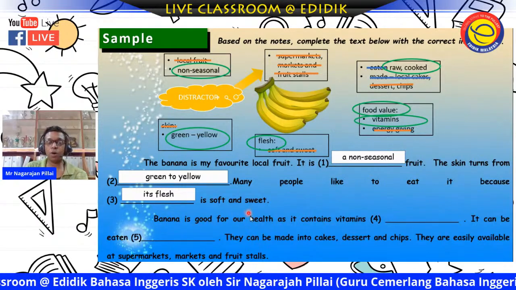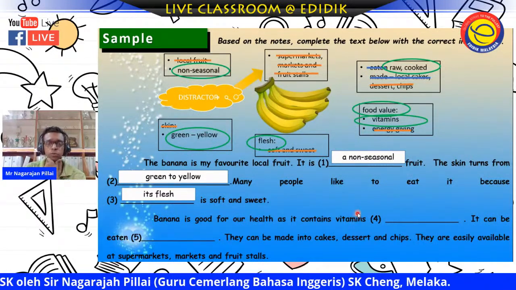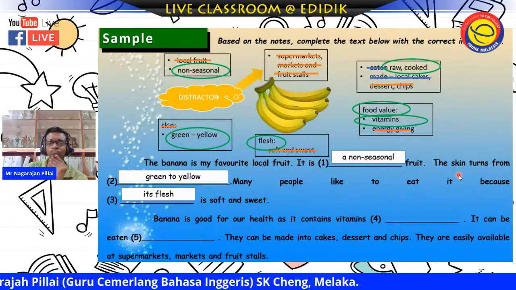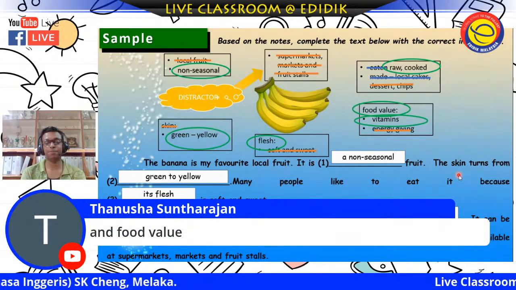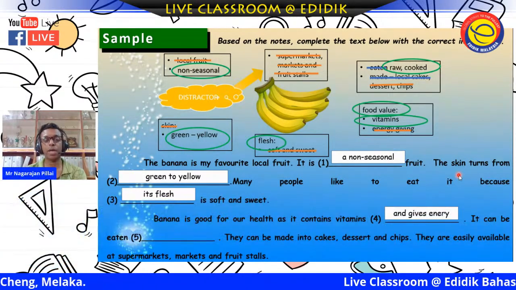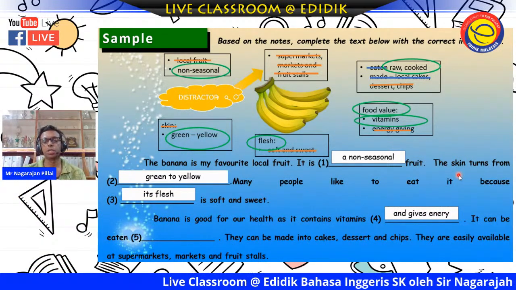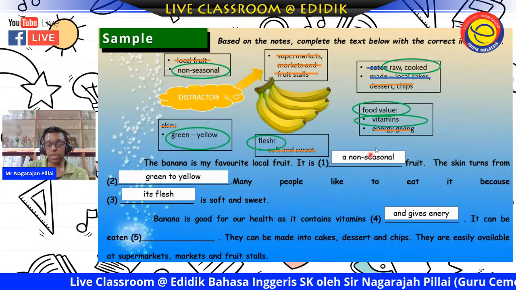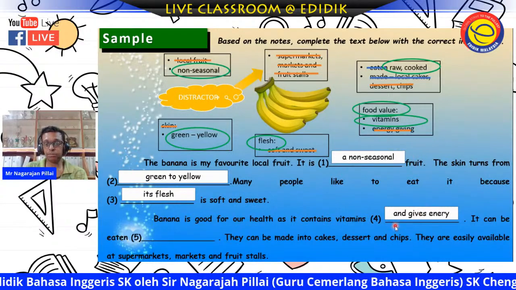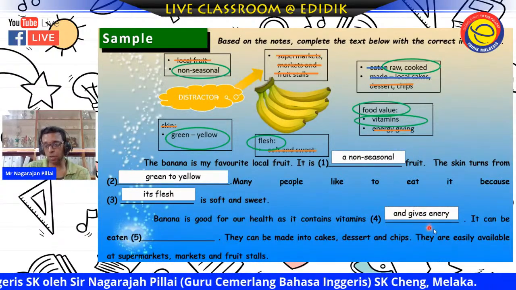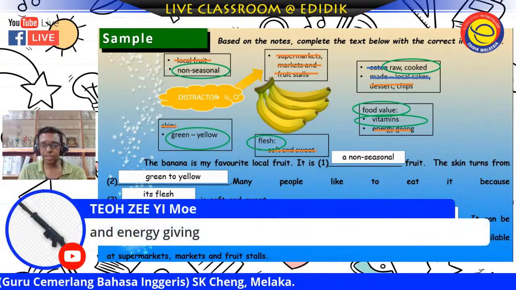Banana is good for our health as it contains vitamins. Then what should I write? And gives energy. Banana is good for our health as it contains vitamins and gives energy. Wow. Here it's energy giving, and in blank number 4, I wrote and gives energy.